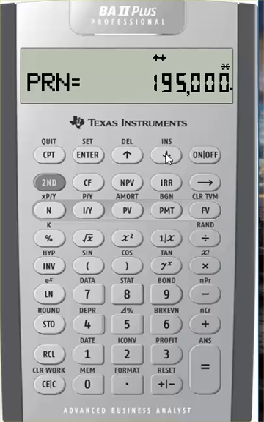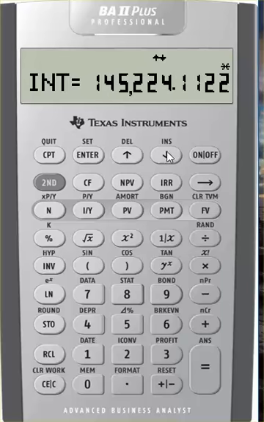Paid off $195,000 in principal, and my interest is $145,224. So for 30 years, 360 payments, my total interest is $145,000, and my monthly payment is $945.